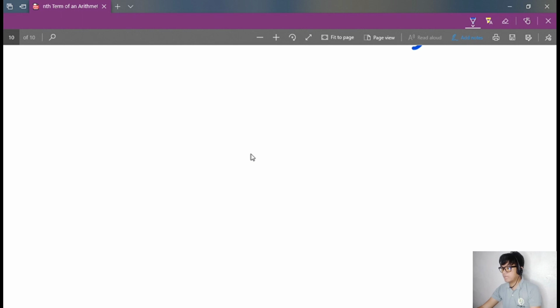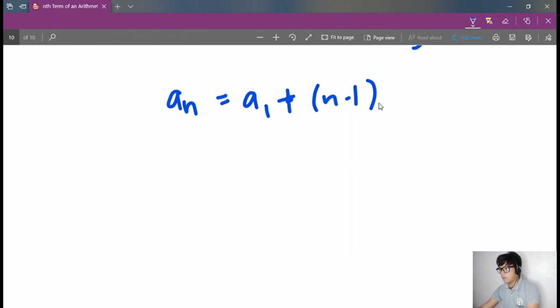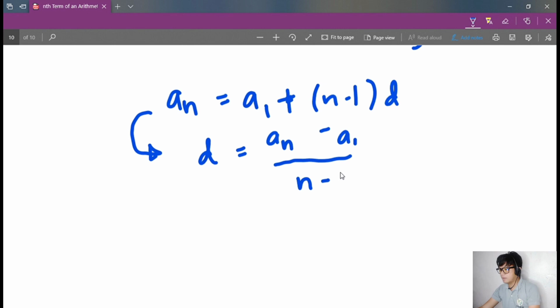Let's review everything we discussed. This is our formula for the arithmetic sequence: A sub n is equal to A sub 1 plus n minus 1 times d. From here we can derive the formula for the common difference, which is A sub n minus A sub 1 all over n minus 1.